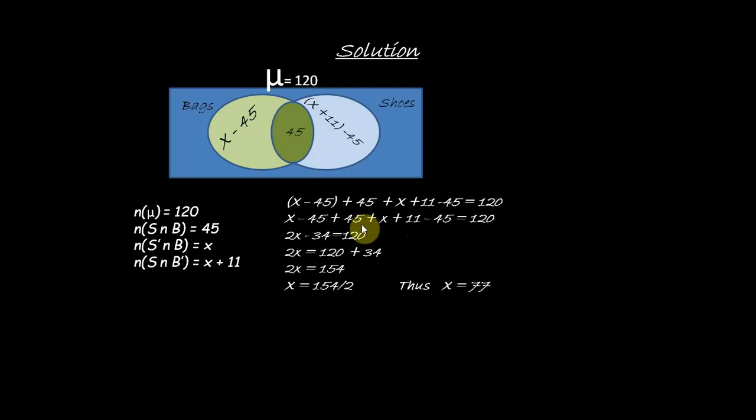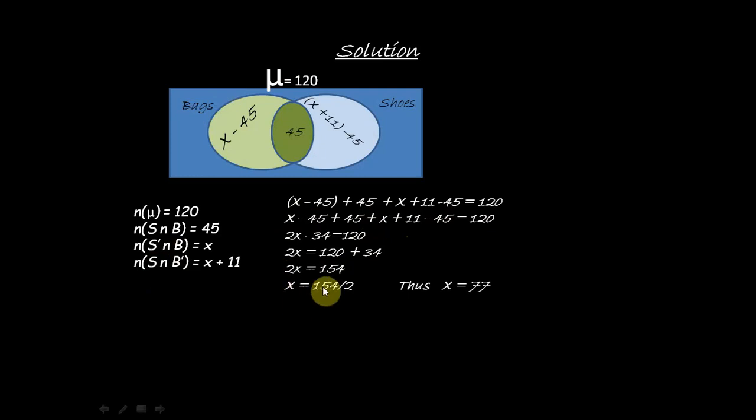Moving our 34 to the right hand side of the equation gives us plus 34, because there will be a change in sign, and we'll have 154 as a total, equivalent to 2x. Making x the subject of the formula, we divide both sides by 2.